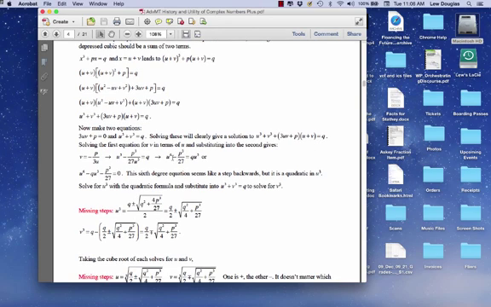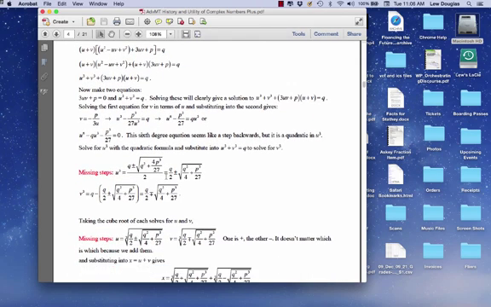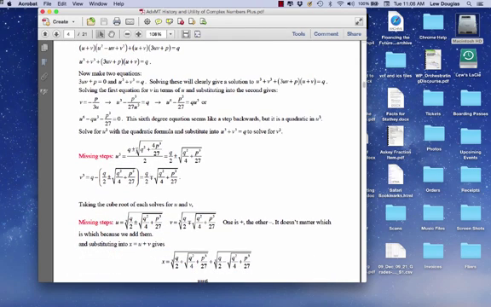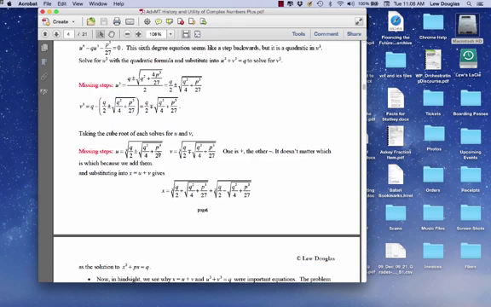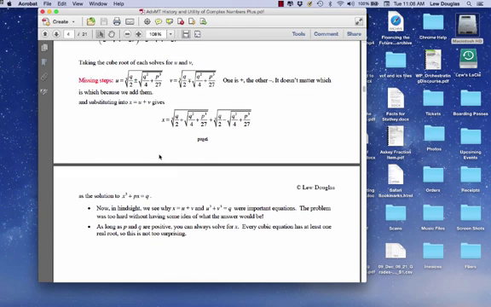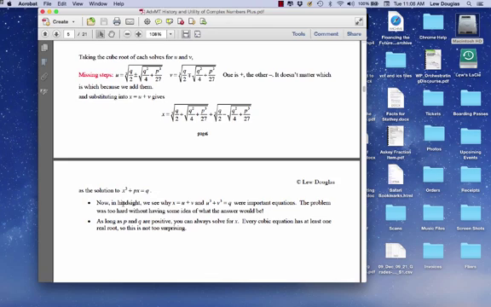So here are some algebraic details that, again, I want you to look at more slowly. And in the talk, I didn't do these missing steps, and I filled those in later, so you can look at those. All right. There's a nice comment here that's important, and that is, in hindsight, we see why x equals u plus v and u cubed plus v cubed equals q were important equations, and that is the problem was too hard without having some idea of the answer.